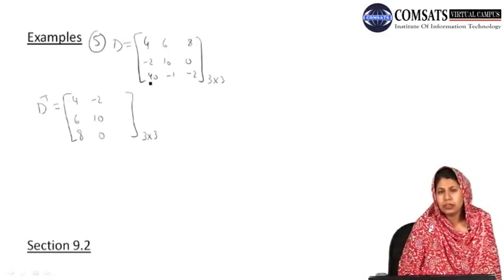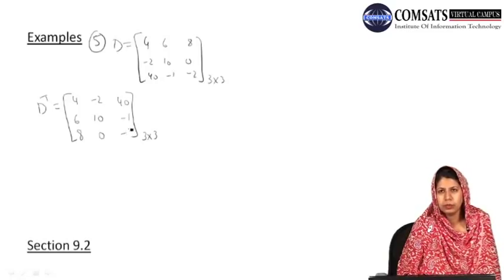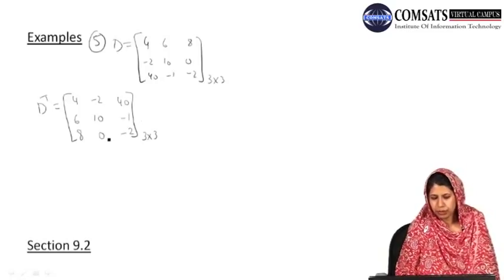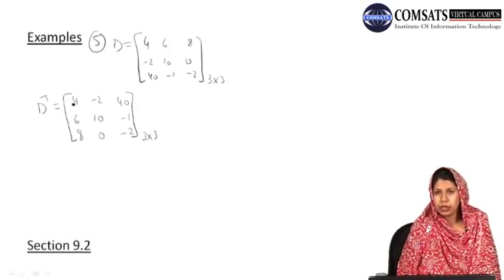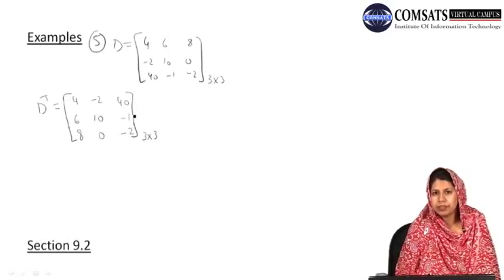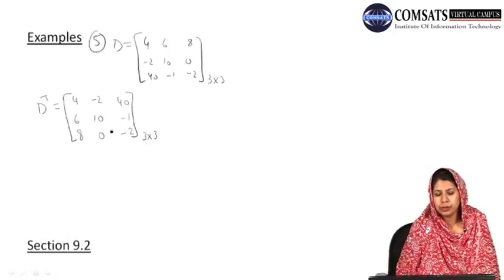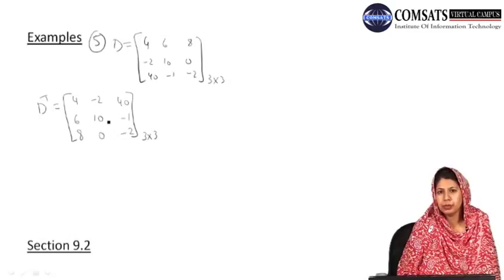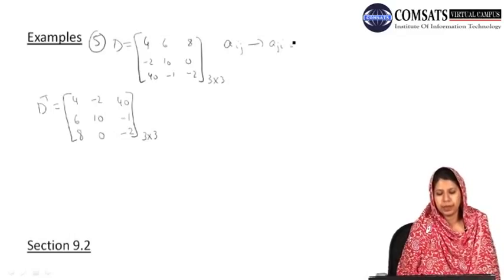Now the entry A31 will be A13, A32 will be A23, and the diagonal entry A33 will stay as it is. So in case of square matrices, the transpose will have the same order, but the entries will be shifted: Aij will be shifted to Aji. That is what we are doing.